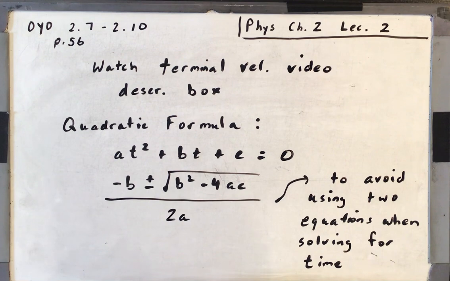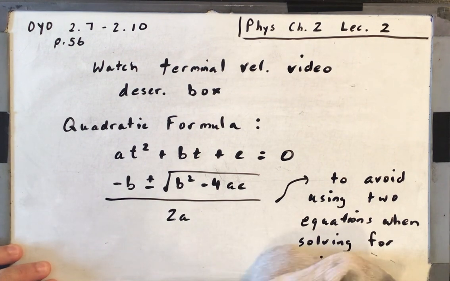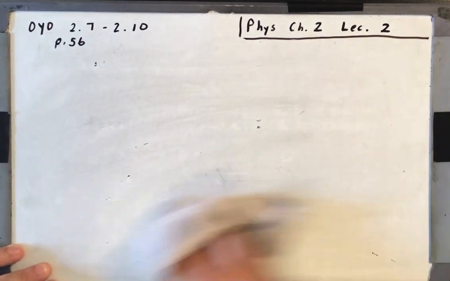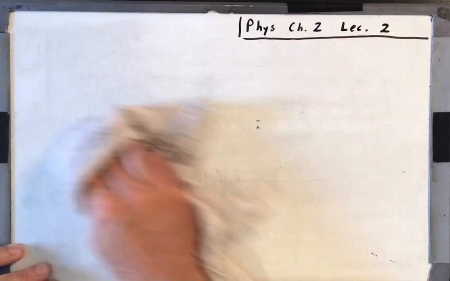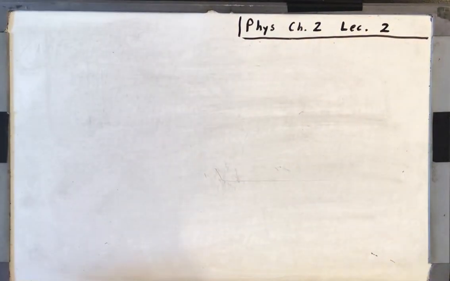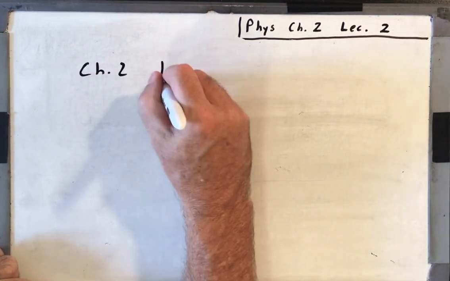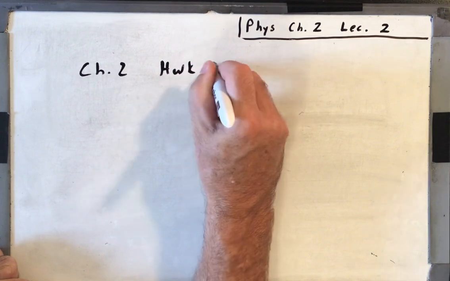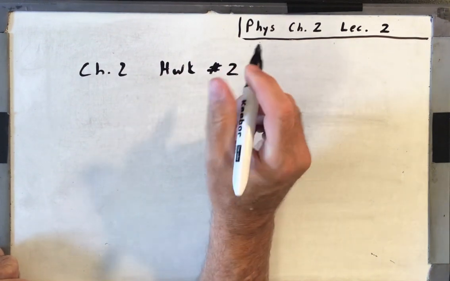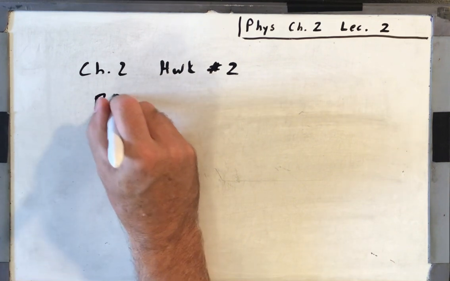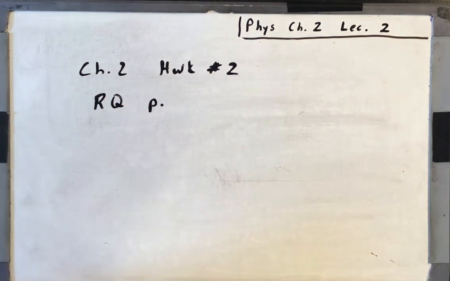Okay, so the homework that goes with this section: chapter 2, homework number 2, is review questions. And let's see, what's the page on that? 60 something, right?